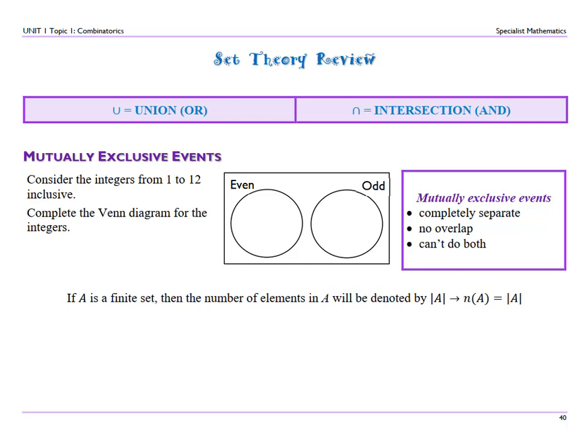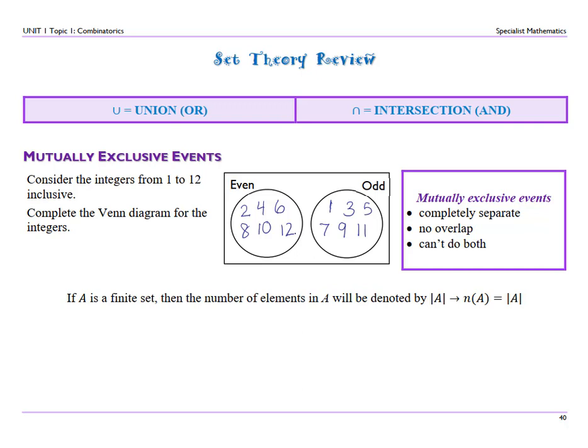So when we go through, we go, okay, 1 is odd, 2 is even, 3 is odd, 4 is even, 5 is odd, 6 is even, and we keep going, putting our numbers into our sets. So you can see that these are discrete. They're mutually exclusive. They're completely separate.